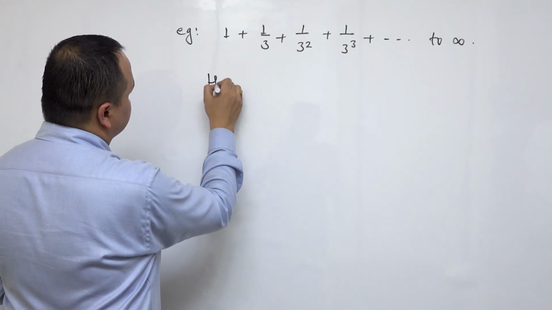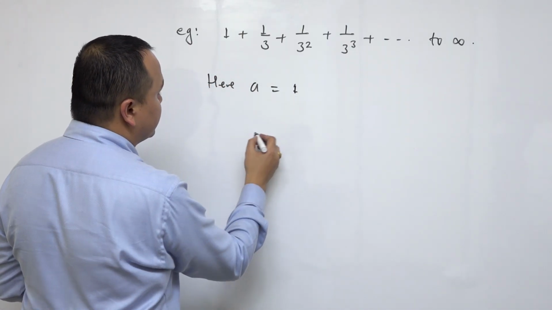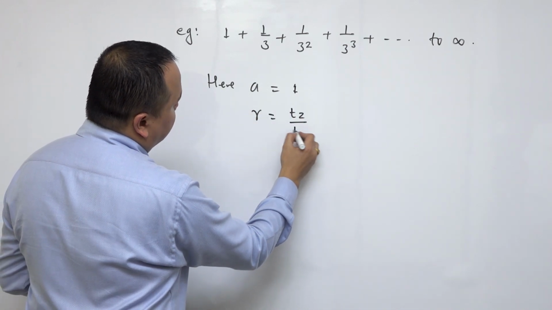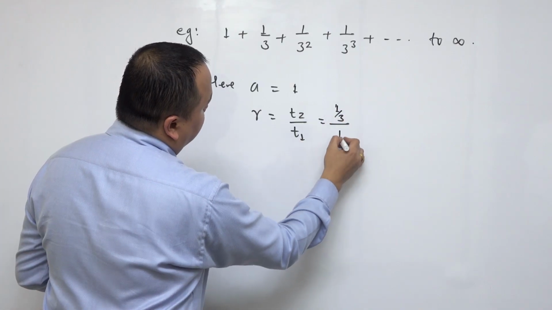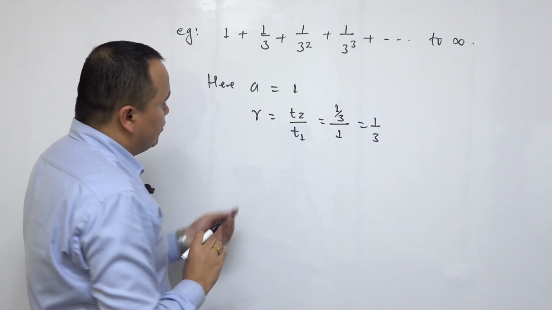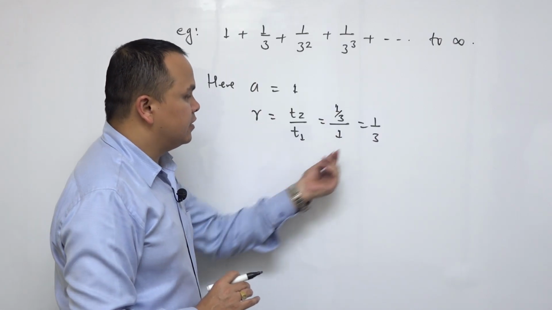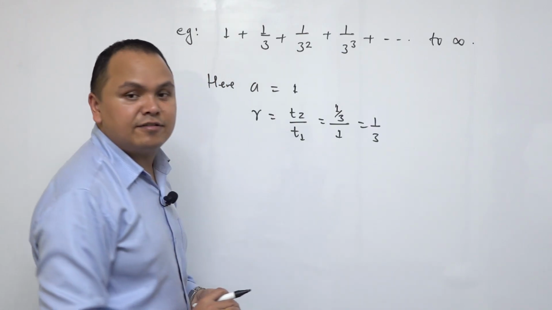Here the first term A is 1, and the common ratio R is equal to T2 by T1, which is 1 upon 3 upon 1, which is again 1 upon 3. So modulus of R is less than 1. So it has a finite sum.